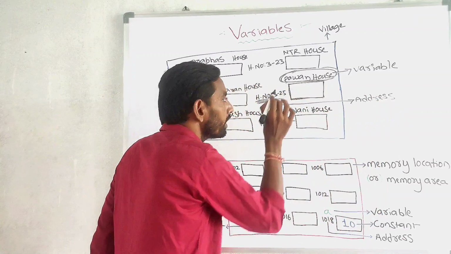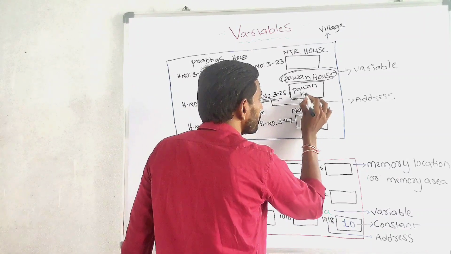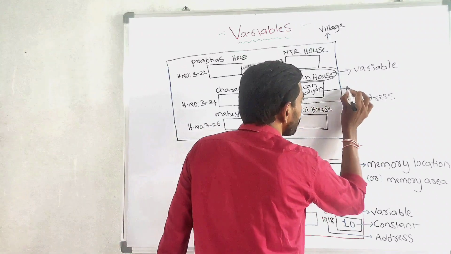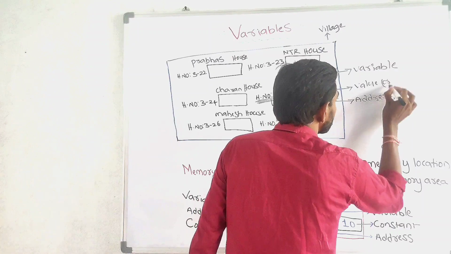In this house, Pavan Kalyan is staying. I am treating this Pavan Kalyan as a value or constant.